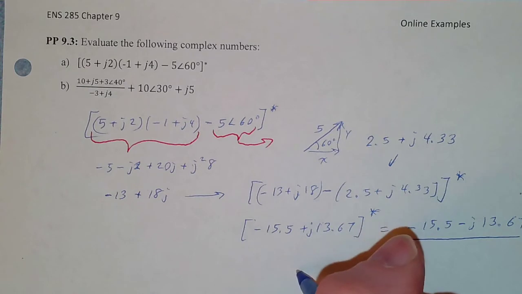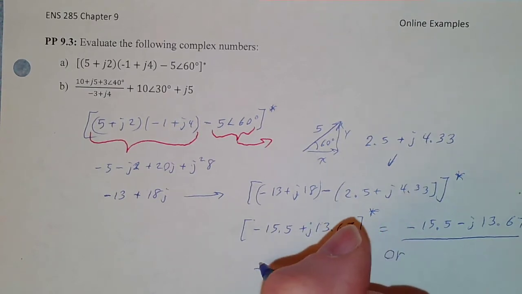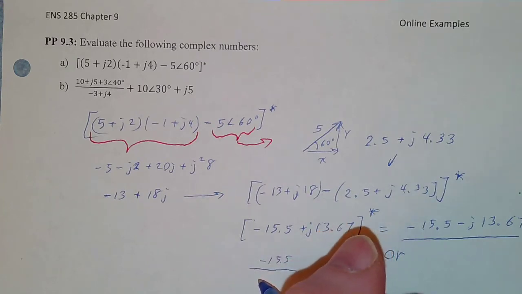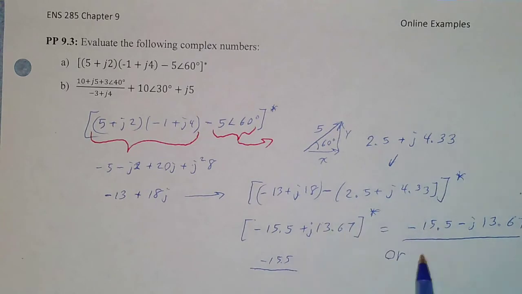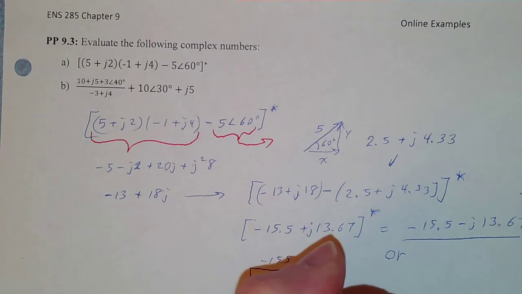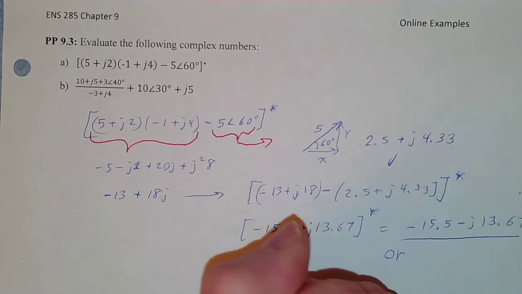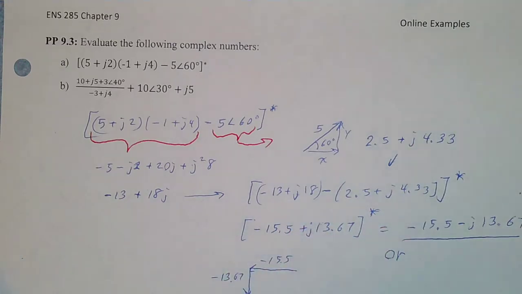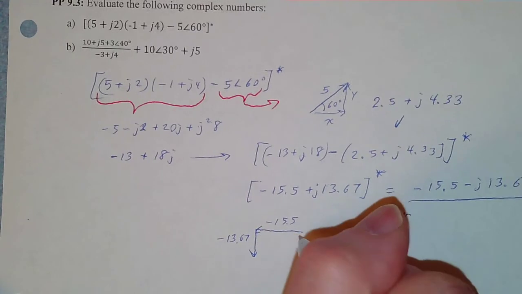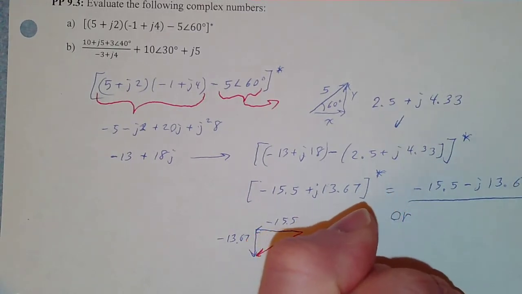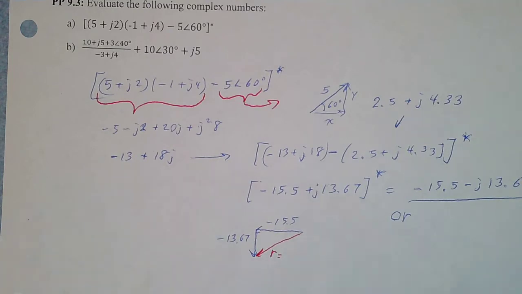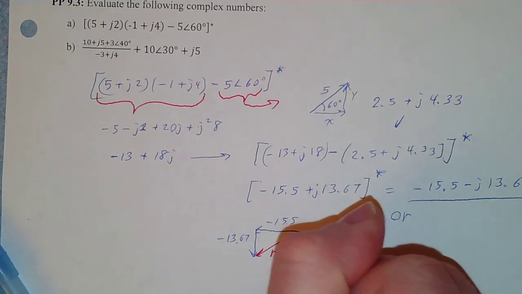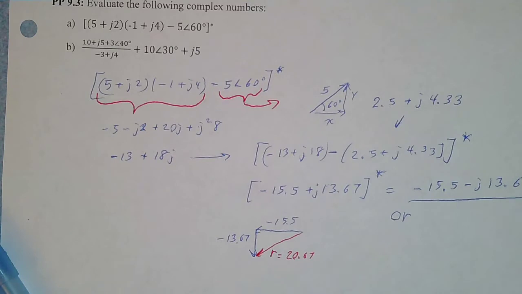The other way you can write this, if we look at the way this goes, we've got a minus 15.5 and a, that's a plus. Oh yeah, this is a minus. So I'm looking at the plus here. This is a minus. Then we've got a minus 13.67. So we have an R like this. This just turns out to be 20.67 from the Pythagorean theorem.